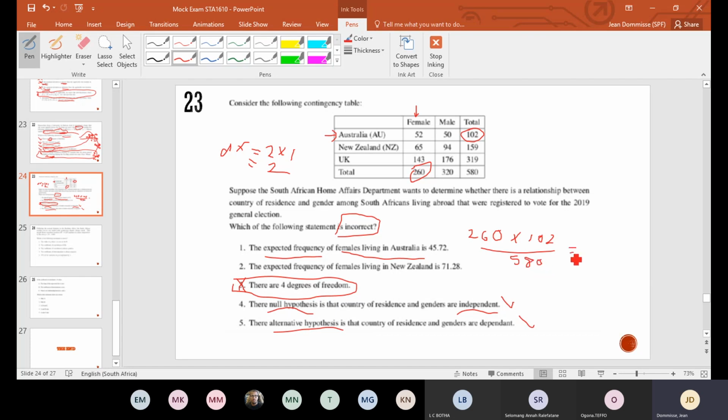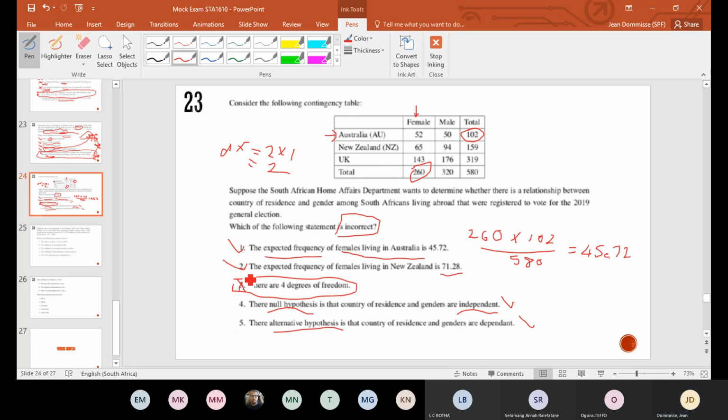That is what you would expect the frequency to be for that cell. That would be 45.72. That is correct. If we do the same for females living in New Zealand, that would be your answer as well, so it was also the correct one.